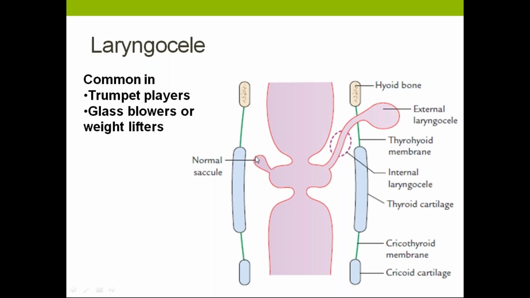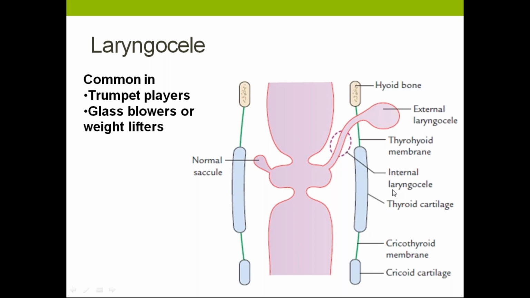Sometimes, if expired air is coming more from the lungs, there will be excess filling of the sinus of the larynx, which will go into the saccule. Then the saccule will extend outside as a protrusion. This is called a laryngocele.